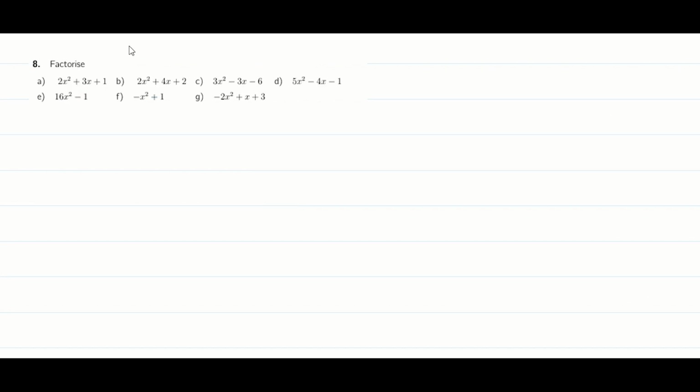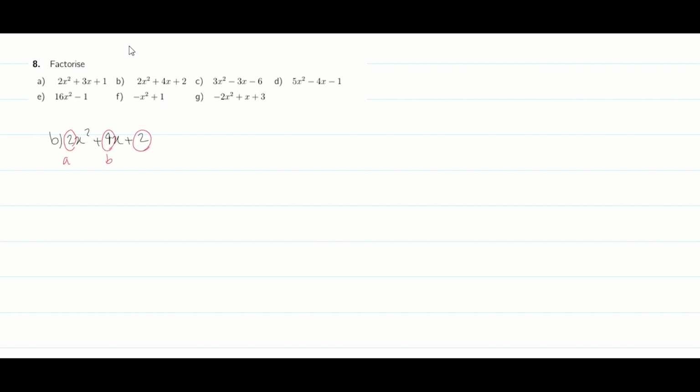Okay, on this question again, we are dealing with more quadratic expressions. We're going to use the same product and sum method that we used on the previous question in order to solve them. Let's start with b. We have 2x squared plus 4x plus 2 in here. Our a value in here is 2. Our b value in here is 4.